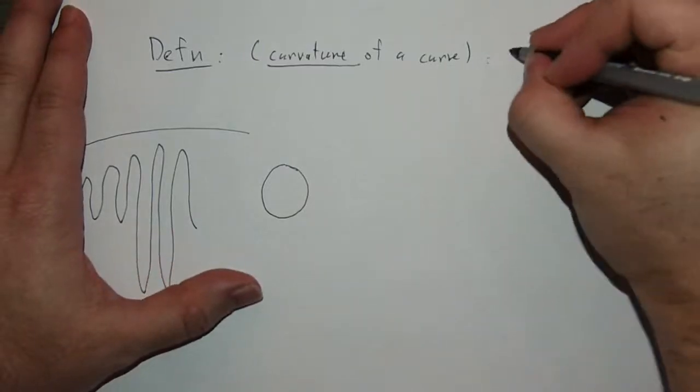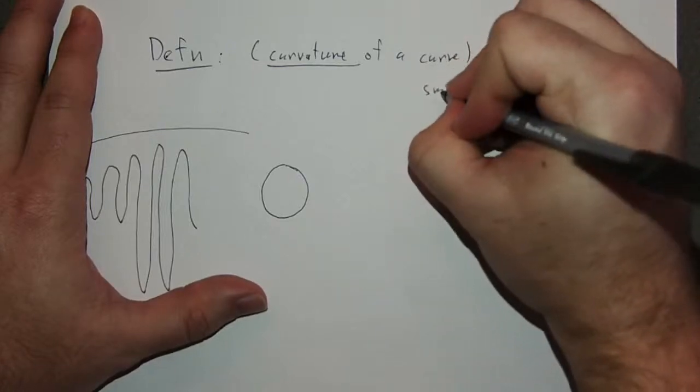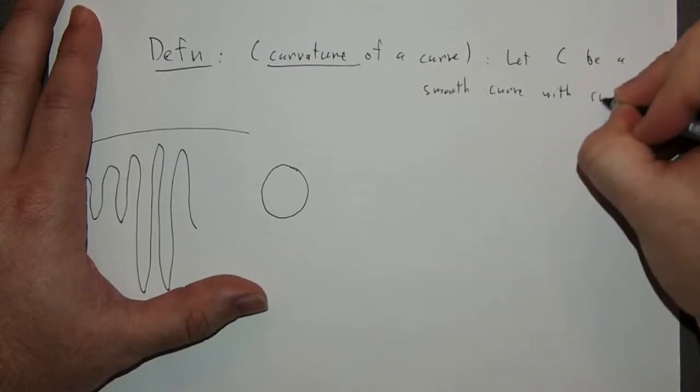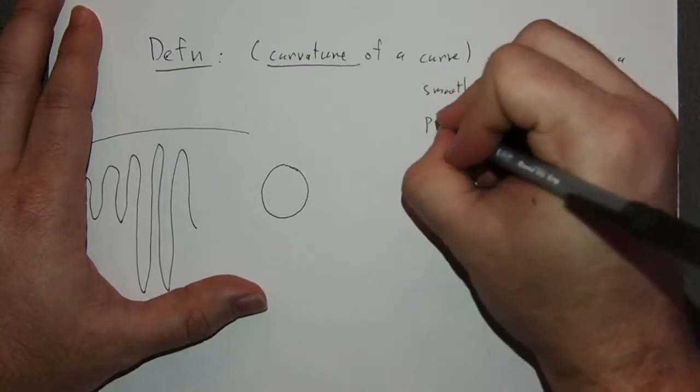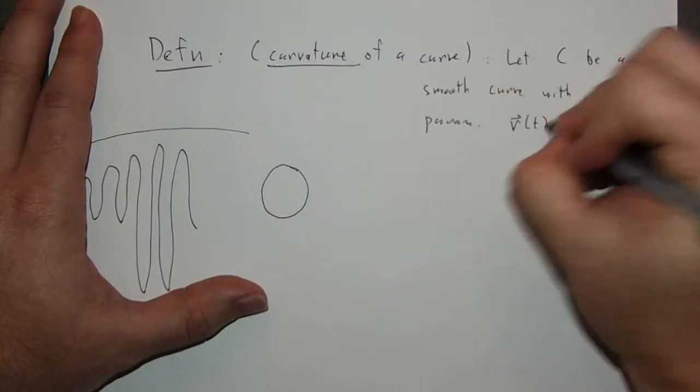Okay, so let C be a smooth curve with smooth parameterization r of t.